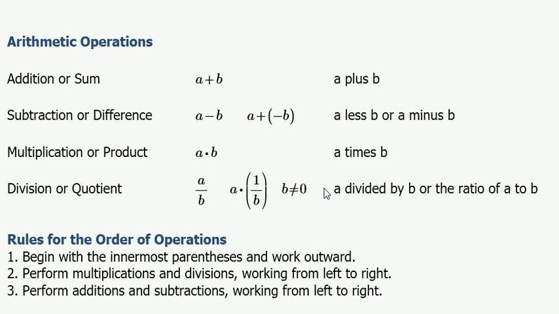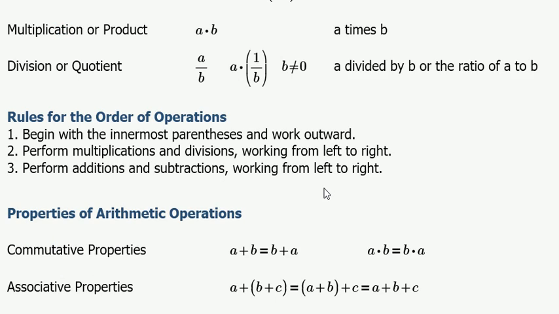Arithmetic operations. Addition or sum: A plus B. Subtraction or difference: A minus B, or A plus minus B. Multiplication or product: A times B. Division or quotient: A divided by B, or A times 1 divided by B, if B is not equal to 0.